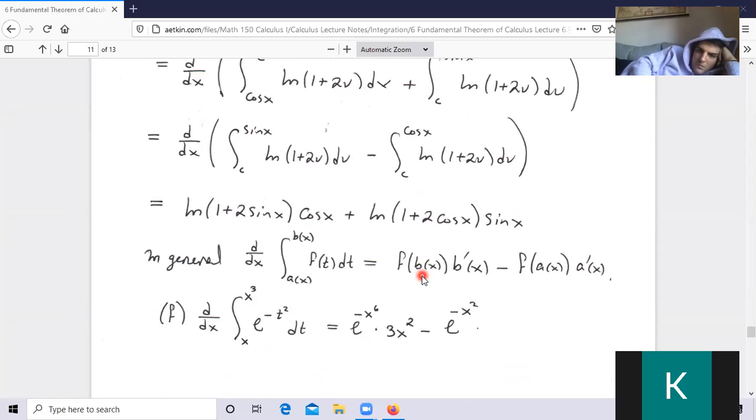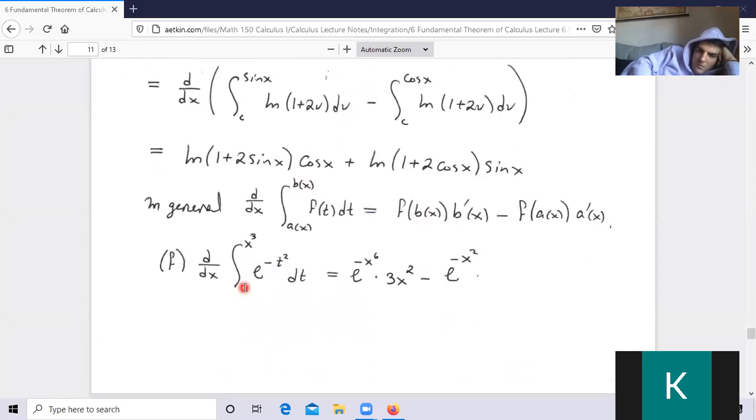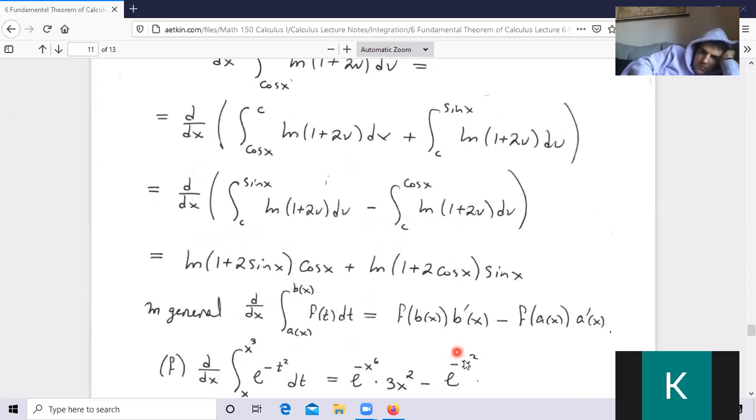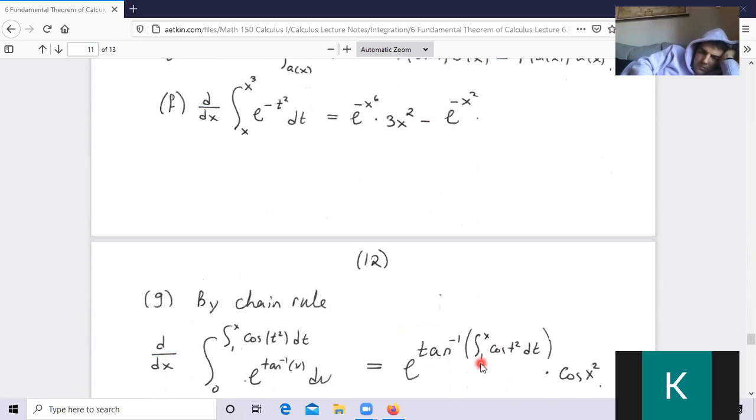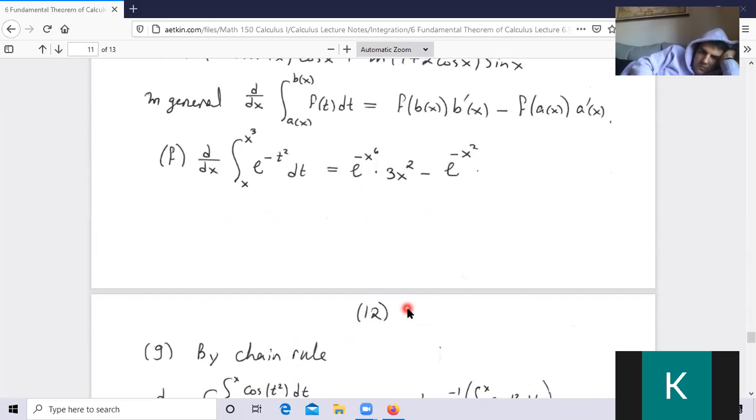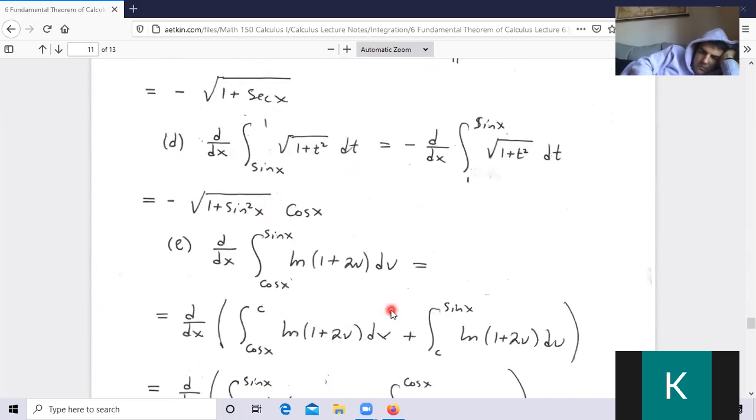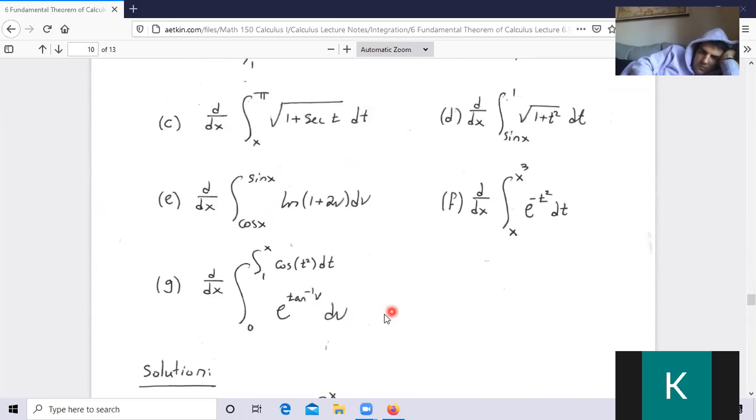Good? So for example, in F, the derivative from x to x cubed of e to the minus t squared dt will be e, instead of t, you plug in x cubed, times the derivative of x cubed, minus e, you plug in the bottom function, times the derivative of the bottom function. Okay, and then I will leave you to think about this last problem.